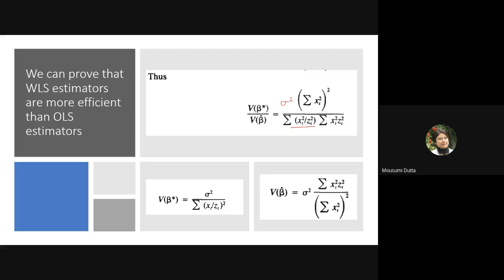So in the denominator, you are getting sigma square.